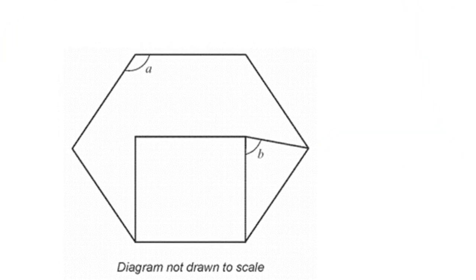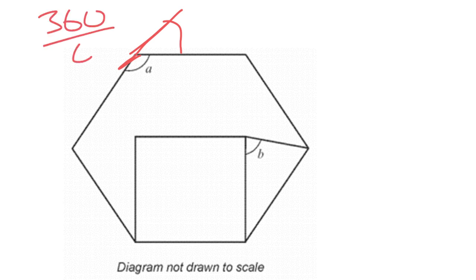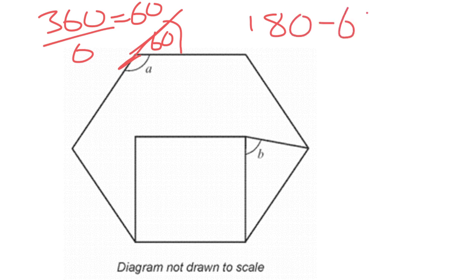Now lastly, we've got a regular hexagon, we've also got a square, and then a triangle. So we know to work out the exterior angle, we can do 360 divided by 6, which is 60 degrees. So then I've got 180, take away 60, giving me 120 degrees. So I know that A is 120 degrees.